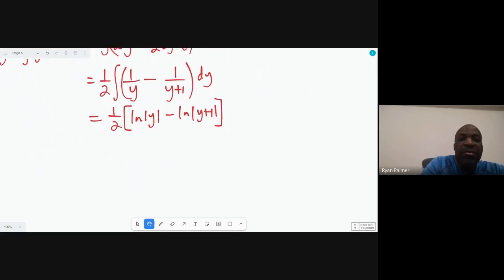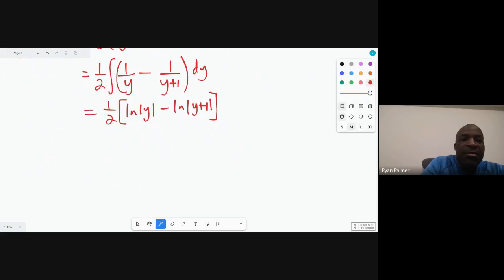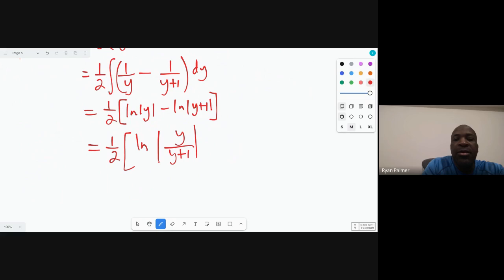If we tidy that up a little bit, this is equal to half ln (y over (y plus 1)). So that is the left-hand side.